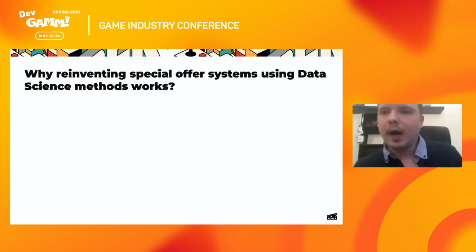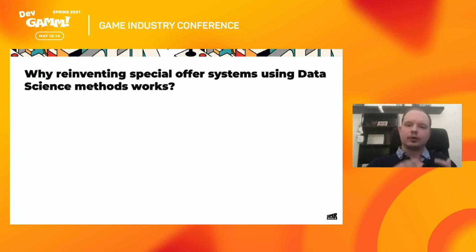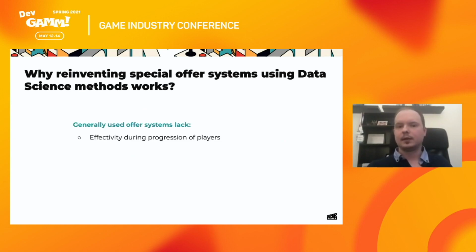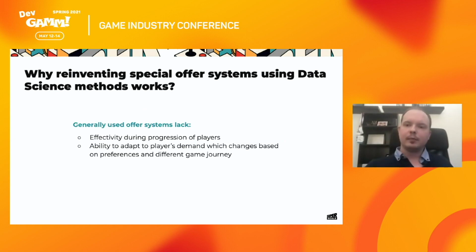Okay, so why does a special offer system based on data science techniques work? Does it actually make sense? General special offer systems are not really effective during the progression. Their effectiveness varies. As the player progresses through the levels, the effectiveness of the system that is normally used is sometimes high, sometimes low.